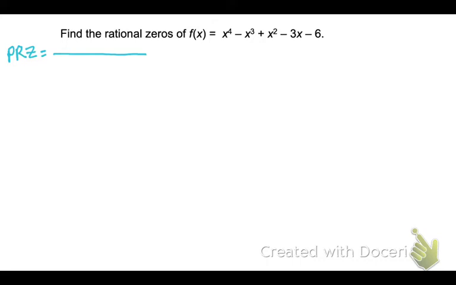What are the factors of 6? 3 and 2. What about 1 and 6? Sure. But it would be plus or minus 1, plus or minus 2, plus or minus 3, plus or minus 6. And there's no commas in between there.